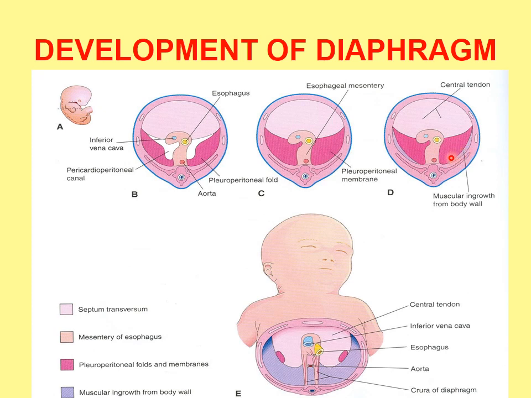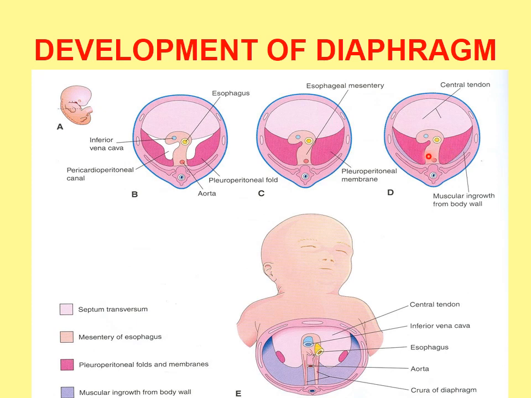So that's how the central tendon of the diaphragm is formed by the septum transversum, the muscular posterolateral wall develops from the pleuroperitoneal membrane and the muscular ingrowth from the lateral body wall into that membrane, which replaces the membranous structure to complete a muscular one.